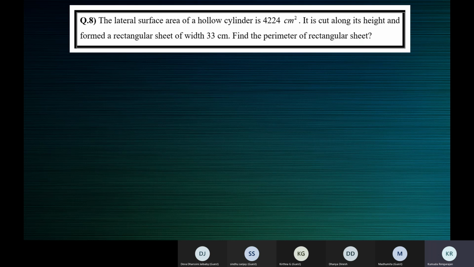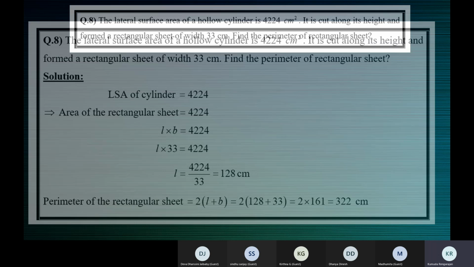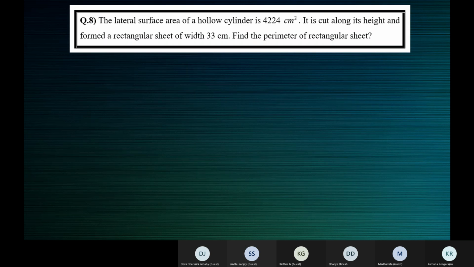So whatever is the CSA of the hollow cylinder will be the area of the rectangular sheet of paper, because when you cut it open, it becomes a rectangle. For a cylinder, you say curved surface area, but when it becomes a rectangle, you say area of the rectangle.